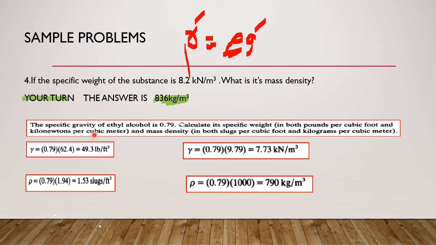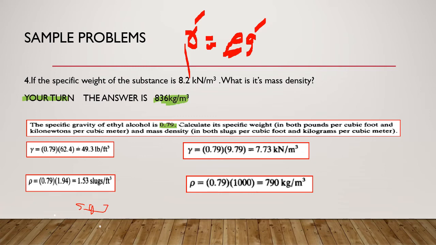Okay. Ang given sa atin ay specific gravity. Ang specific gravity is 0.79. Paano ba ang ating formula? Yung specific gravity raw, SG, is equal to gamma of the liquid.